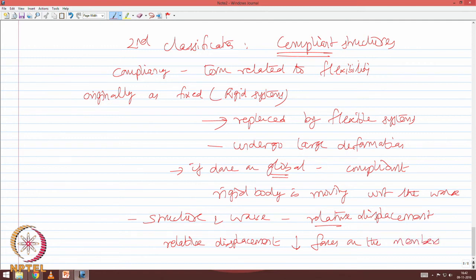You will now agree that fixed offshore platforms attracted more forces because they were rigid and they were stiff in nature. However, the members of compliant structures are not very flexible. The whole system is made flexible, that is very important.